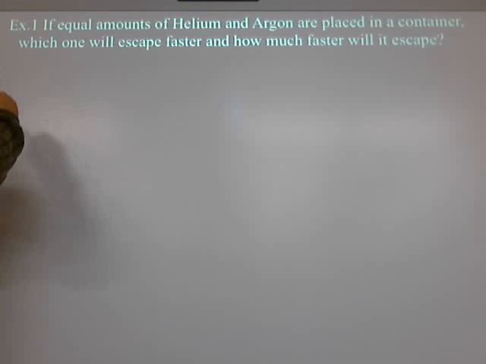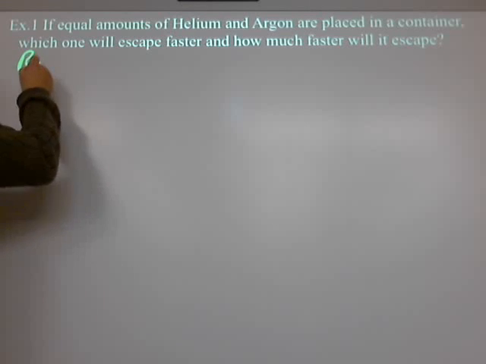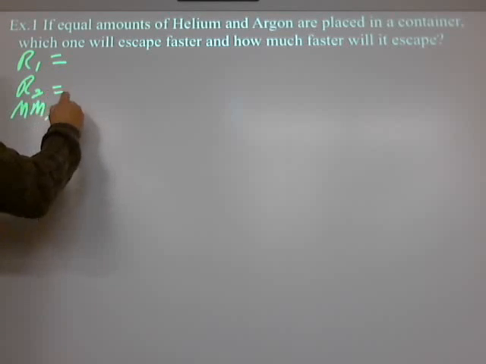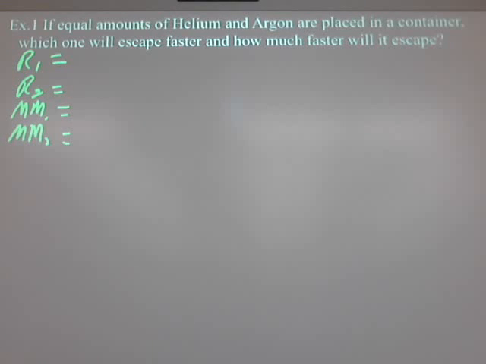So I'm going to abbreviate here: rate 1, rate 2, molar mass 1, and molar mass 2. Now, we don't know either rate 1 or rate 2. All we care about is the fraction.